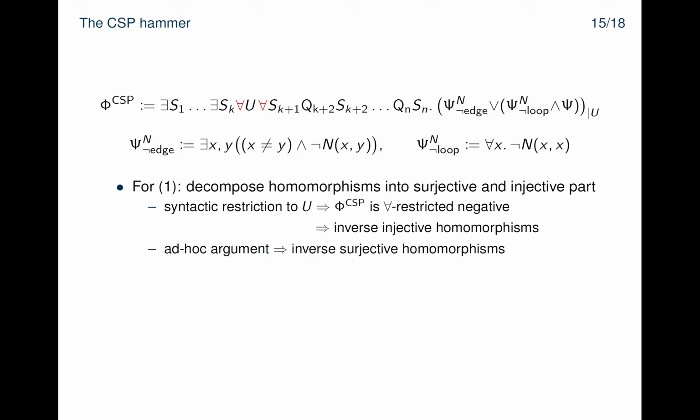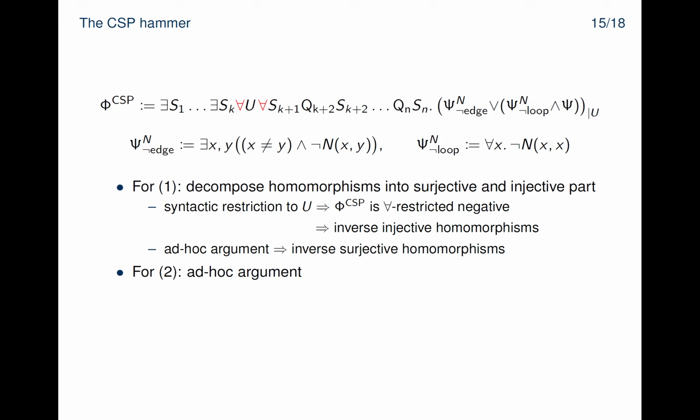And in this case, this first sentence, non-edge, just says yes. It says this is a valid structure. So this preservation under inverse surjective homomorphisms is achieved by a bit of cheating, but nevertheless, this is fine for us.